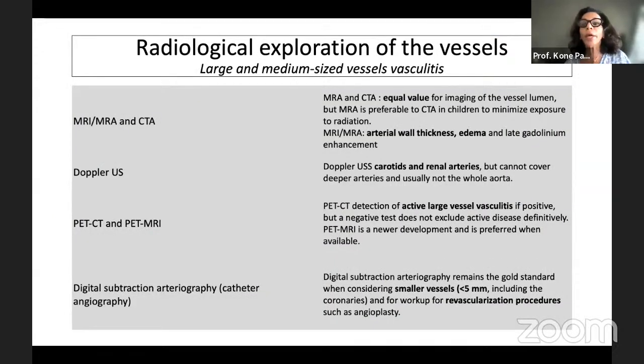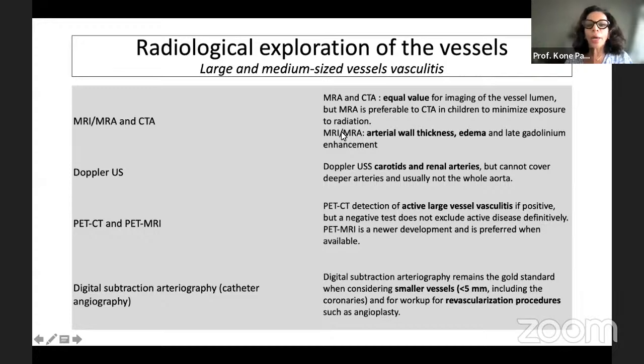So, how to explore the vessels? For large and medium-sized vasculitis, of course, the imagery is very important. So you can use MRI or angio-MRI or angioscan, and they have an equal value for imaging the vessel lumen. But the angio-MRI is preferable because you minimize the exposure to radiation in children.